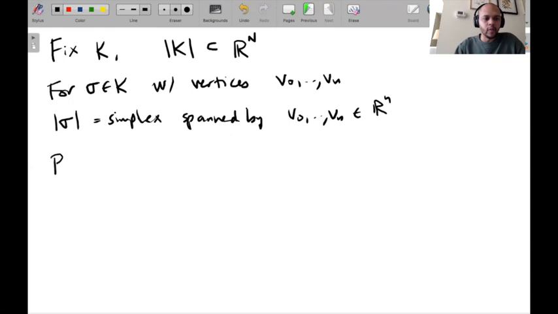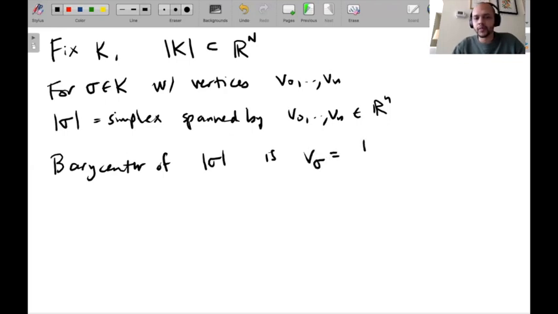So the barycenter of this sigma is defined as V_sigma equals 1 over n plus 1 times the sum of V0 up to Vn.